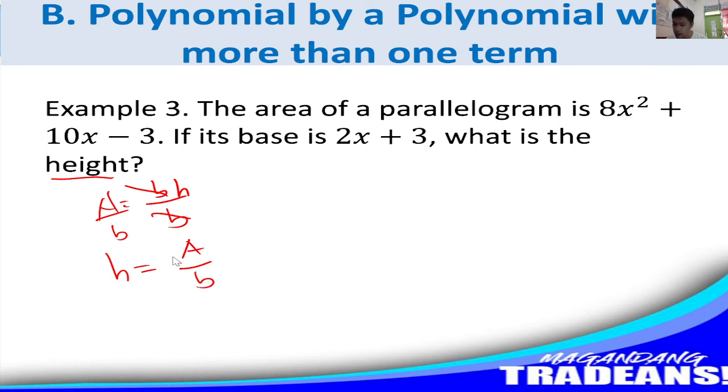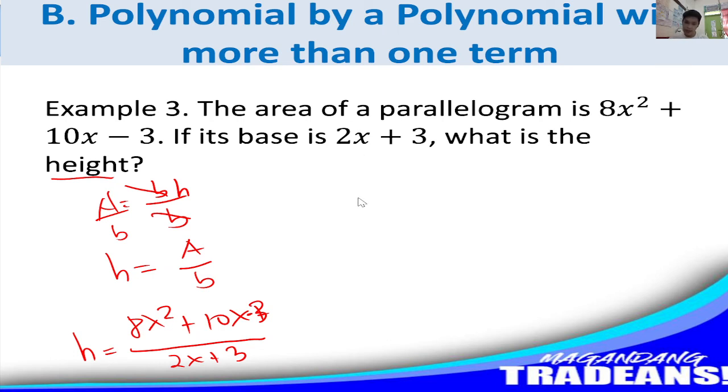Okay, so if we are going to simplify this further, we have the given 8x squared plus 10x minus 3 over base, which is 2x plus 3. That is now our height. And how are we going to simplify this one?